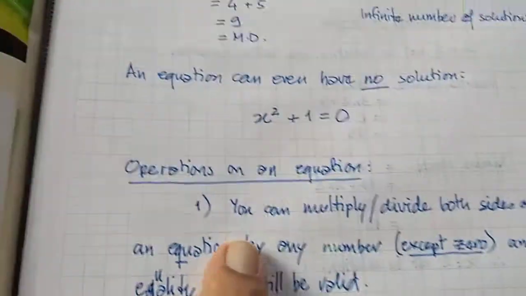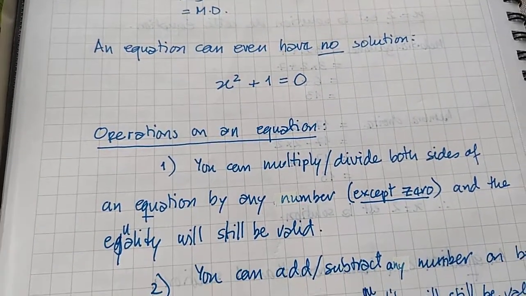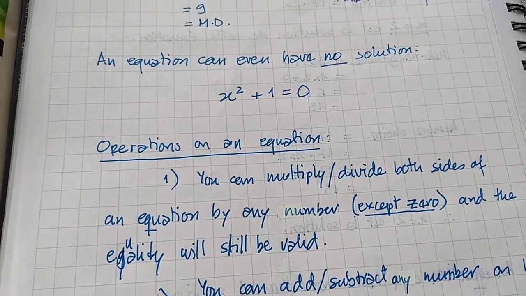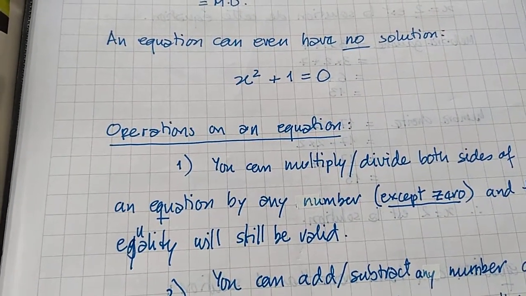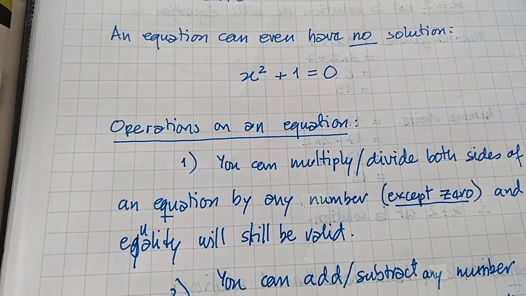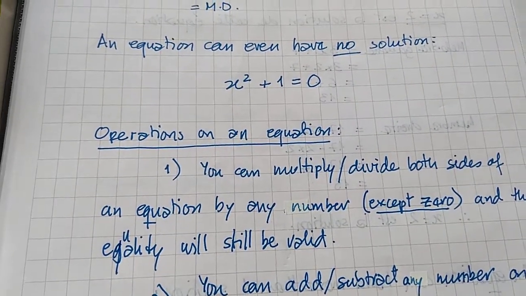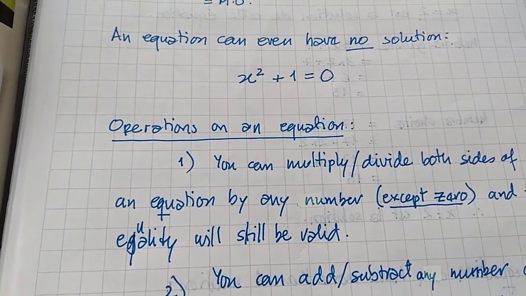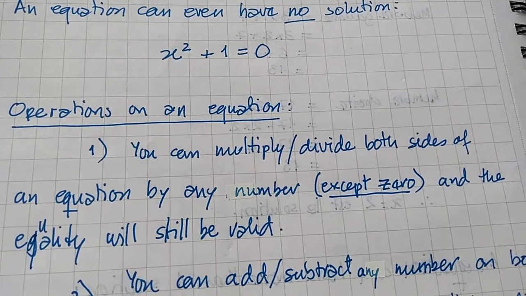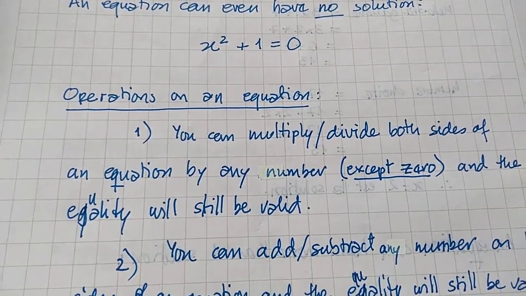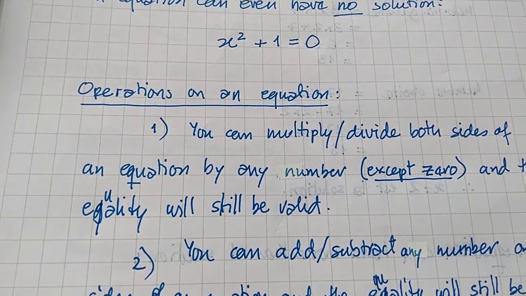So you can think of it in this way. Suppose two of you have an equal number of apples. I don't know how many apples you have, but you have an equal number of apples. Now I say, okay, I will triple the number of apples for both of you. So the first person, whatever apples he has, I triple that number. Similarly, for the other person, I do the same. But they'll still have an equal number of apples, even though I multiplied both sides by the same number.